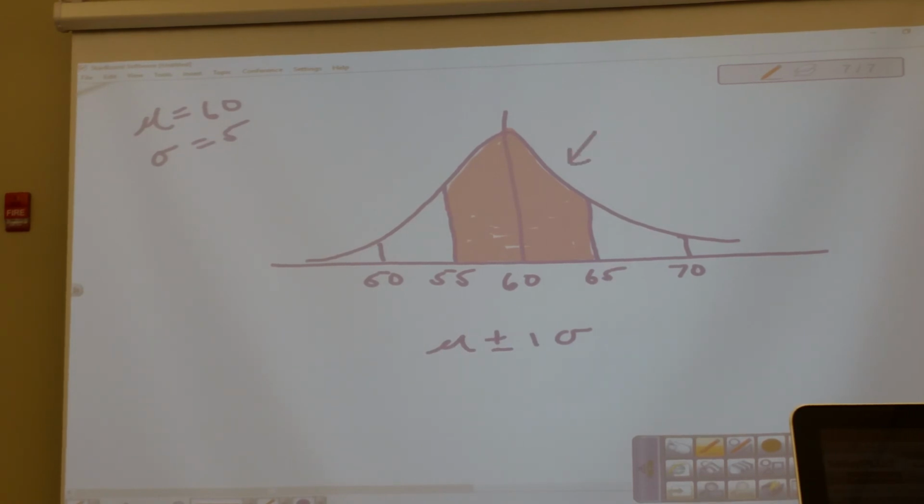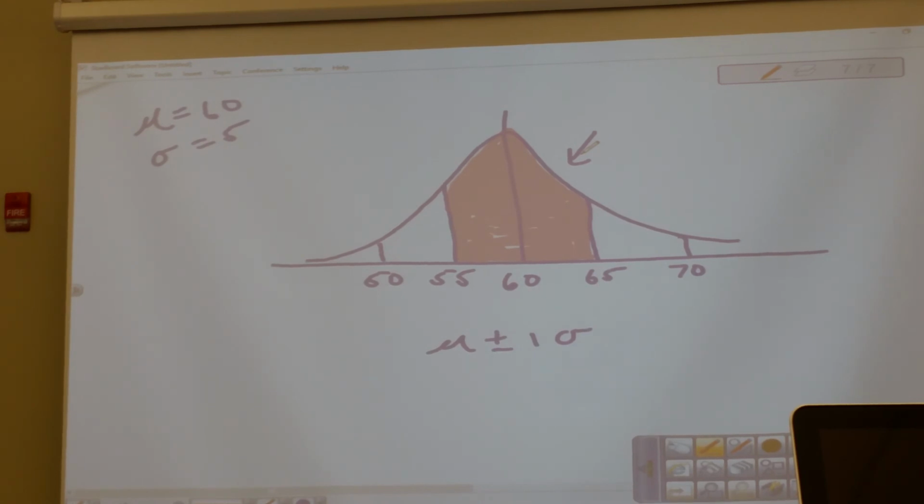Probabilities are between 0 and 1. The whole area of the curve is equal to 1. This was just a basic definition that we did back in chapter 1.